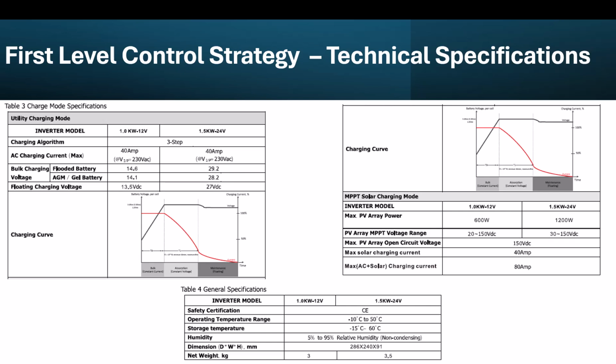So we see that the technical specifications give you the first level control strategy that you should look at or that you should have. Because if you exceed these limits, some systems might fail to take off.